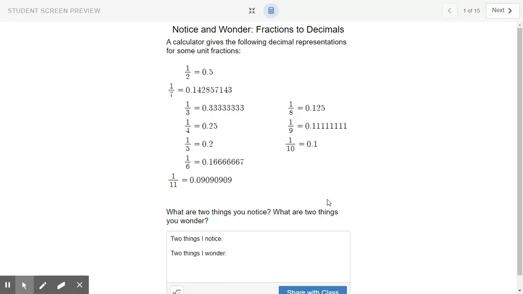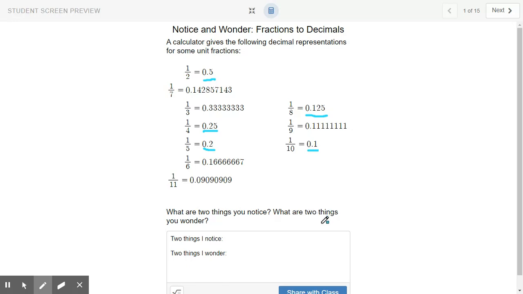I've had other students notice that some of these decimals stop or are short, I should say. So for instance, the ones that I'm underlining in blue here, they're rather short, whereas some of the other ones are kind of longer. So we are going to take a look at that.